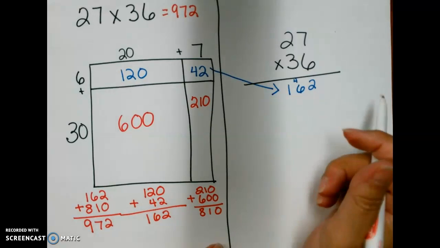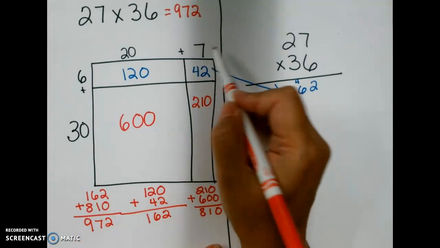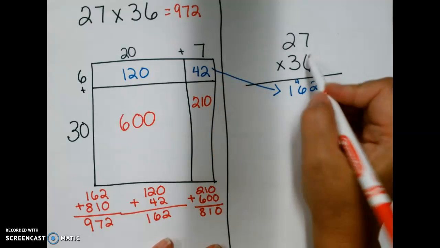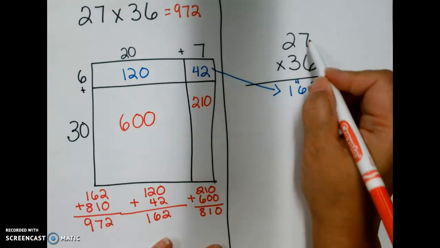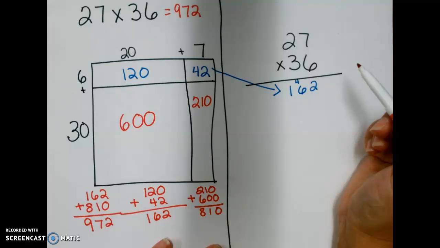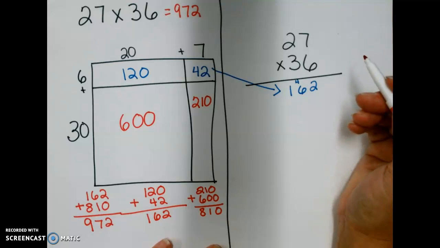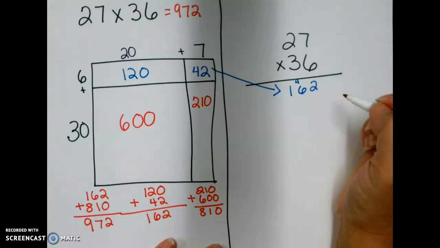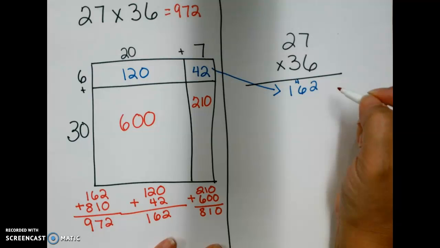I have 30 times 7 ones. Here I have 30, or 3 tens, times 7 ones. So 30 times 7 is 210, because 3 times 7 is 21 times 10 is 210.